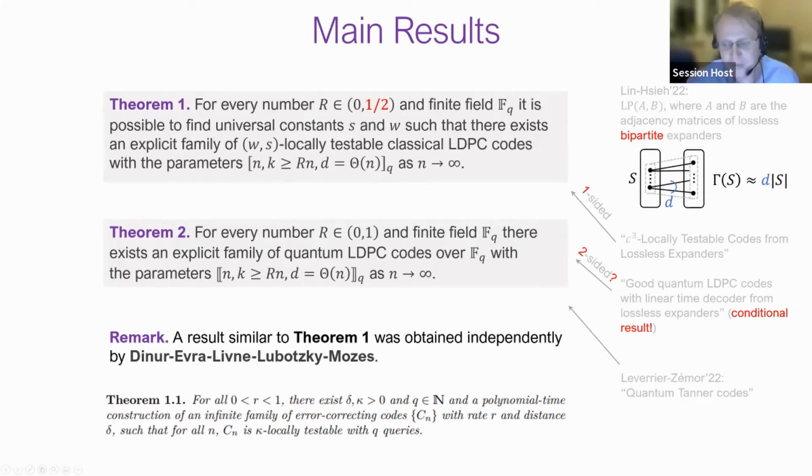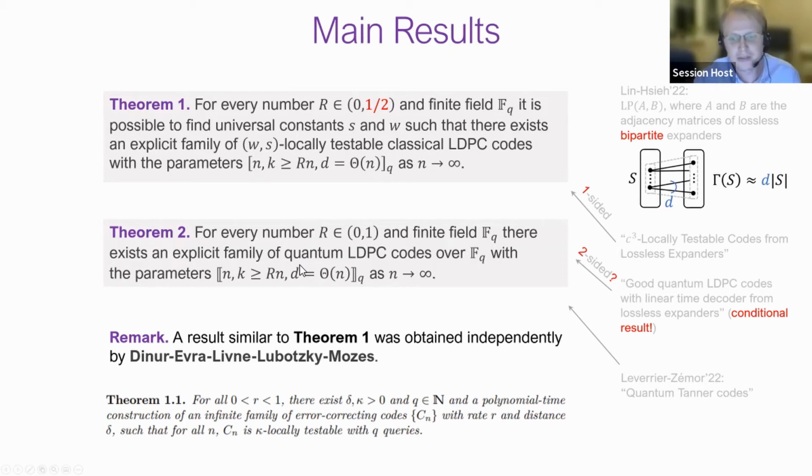I should also mention another type of construction, which is somewhat similar to the ones we considered, by Leverrier and Zémor. It was called quantum Tanner codes, and in fact it looks like a generalization of classical Tanner codes, and it can also be used to obtain this theorem.